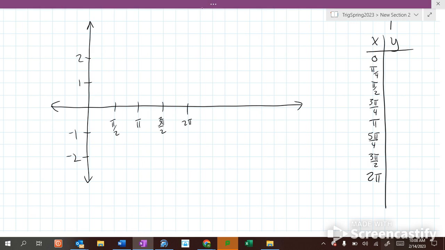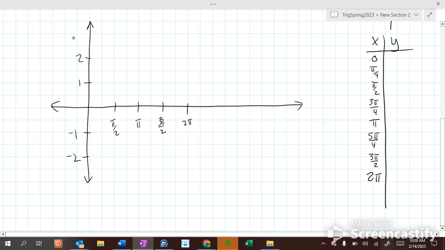Okay. So we're going to graph y equals cosecant of x. No, cosine of x. Cotangent of x. Mr. Bierschbach tried 3 times to get it right. Cotangent of x. All right. What's cotangent at 0? So it's now x over y.